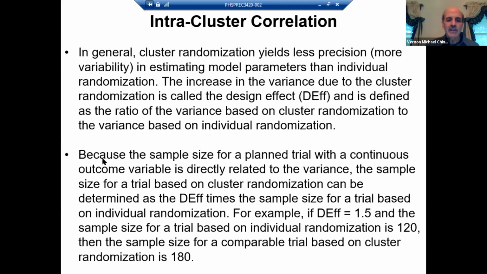And hopefully I made that clear because you have two sources of variability. In your typical study with individual randomization, you only have the variance on the individual. With a cluster randomized trial, we have two sources of variability. So it shouldn't surprise you, there's more variability inherent in a cluster randomized trial.